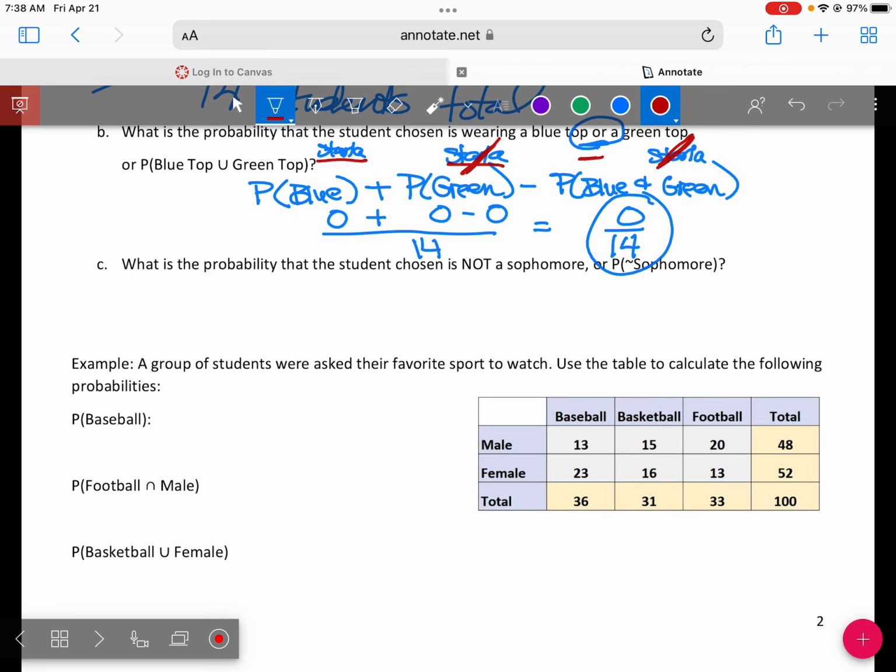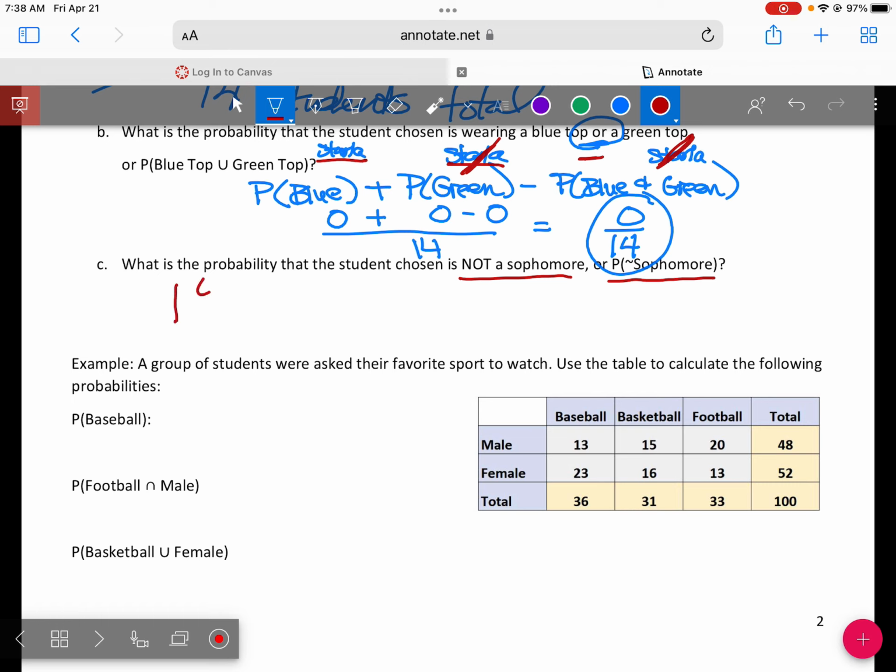All right. Letter C, what is the probability that a student chosen is not a sophomore? Is not a sophomore. And that's the probability of not a sophomore. What is the total probability of everything? Maybe I didn't put that well. The total probability of something is going to be a positive 1.